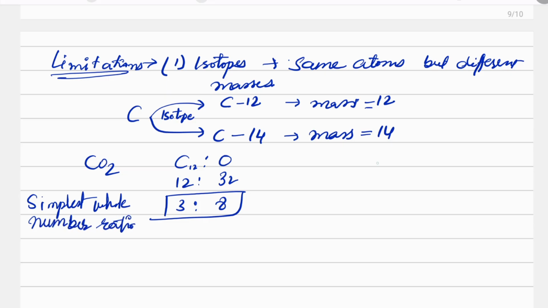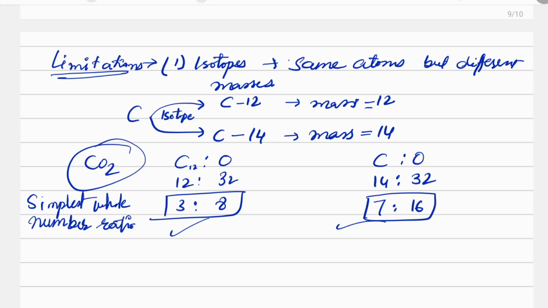But if we take carbon dioxide with carbon 14, then 14 to 32, the ratio becomes 7:16. Now this ratio is entirely different from the earlier ratio. Carbon dioxide should not be like this, but it may happen. So this is the first limitation.